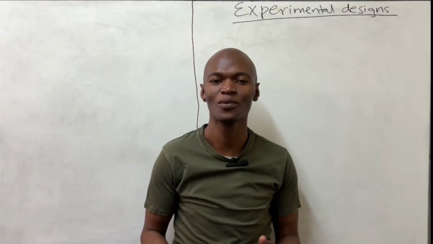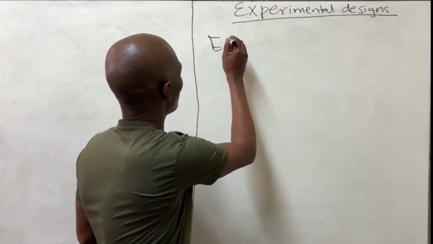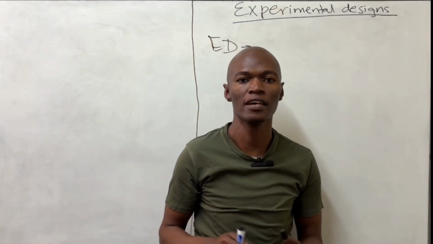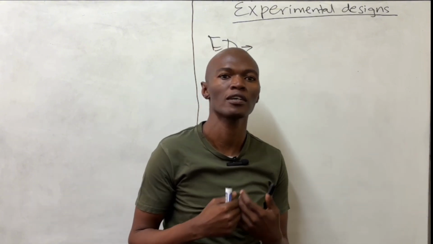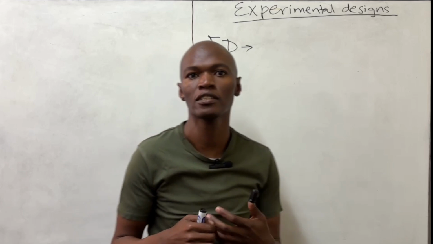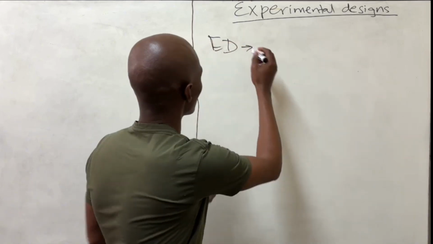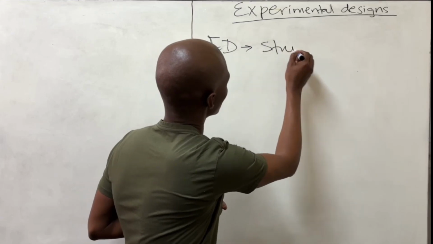There are many ways we can define the experimental designs, but in agricultural research, we can define the experimental design as a structured approach to plan and to conduct the agricultural experiment.